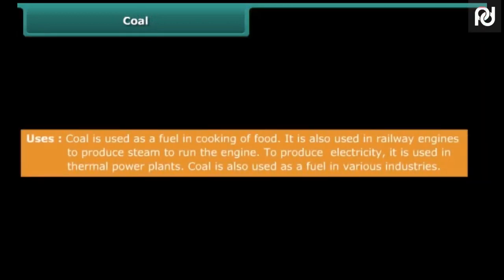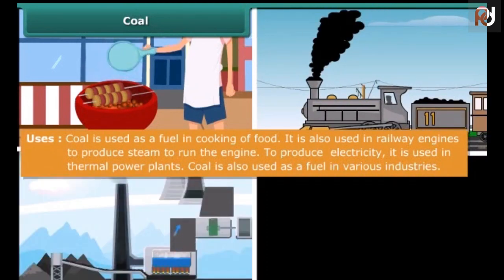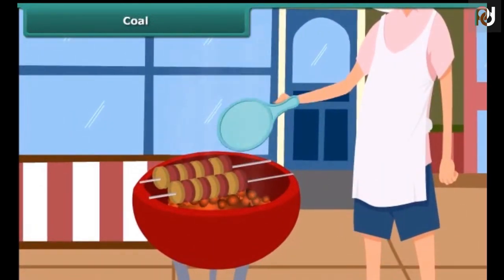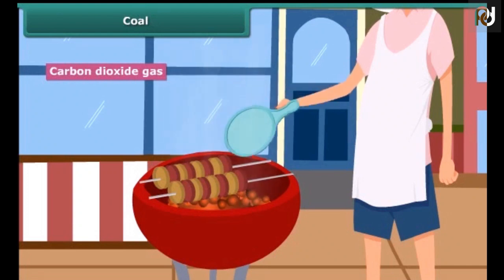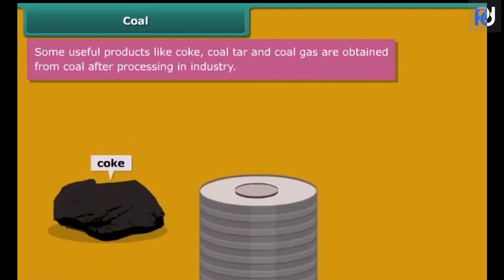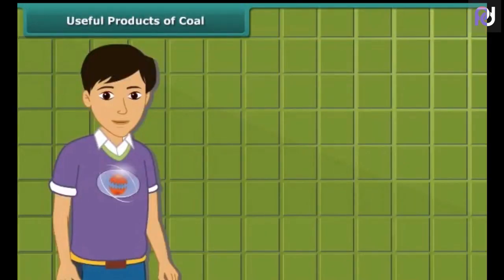As you might know, coal is used for cooking, steam engines, thermal power plants and refineries. Now when coal is burned in presence of air, it releases toxic carbon dioxide gas, which is very harmful to inhale. Some useful products of coal are coke, coal tar and coal gas, which are obtained by processing of coal. So let us understand in detail.